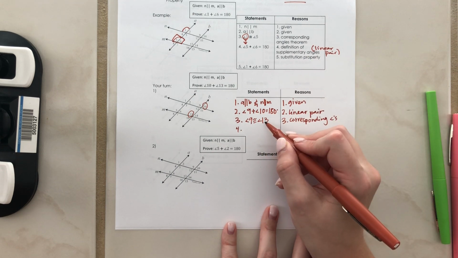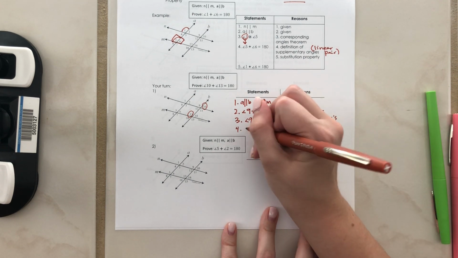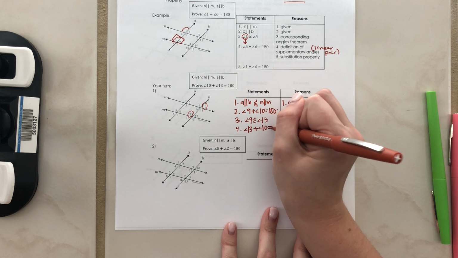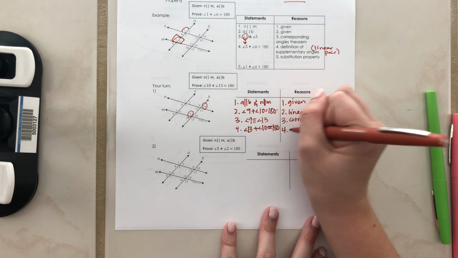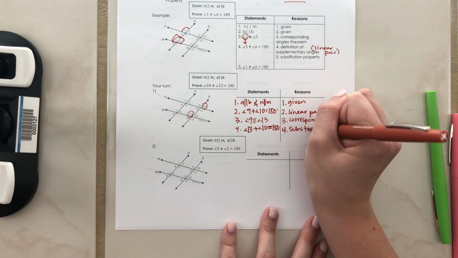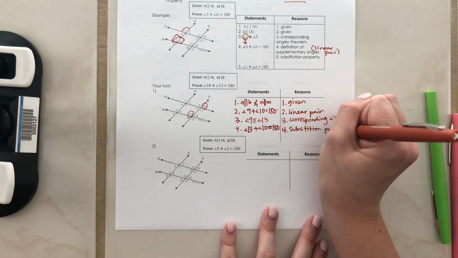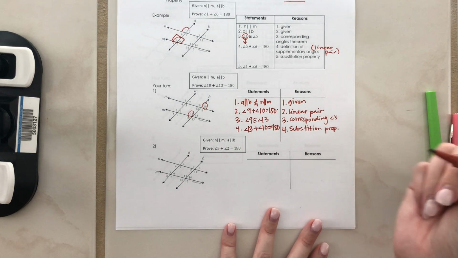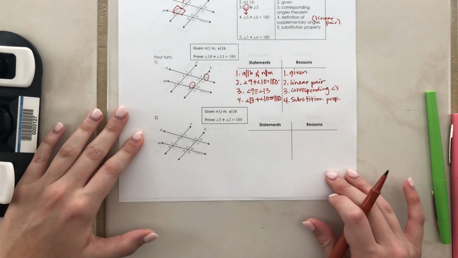So if I know 9 and 13 are equal to each other, I can plug in or substitute 13 for 9 by the substitution property. And I have proven that angle 13 and angle 10 are supplementary, or add up to 180.